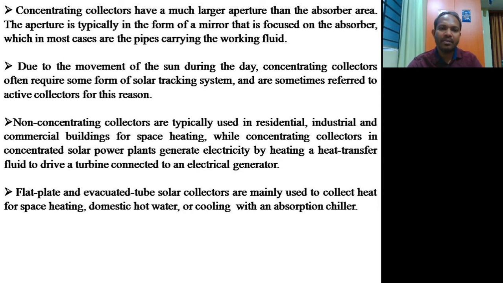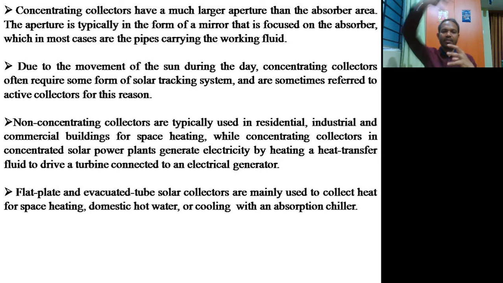Due to the movement of the sun during the day, concentrating collectors often require some form of solar tracking system. That is why they are sometimes referred to as active collectors. Now, this is the major drawback of concentrating collectors: as the sun moves through different angles, they have to have some tracking system, or else the shading factor will come into the picture.